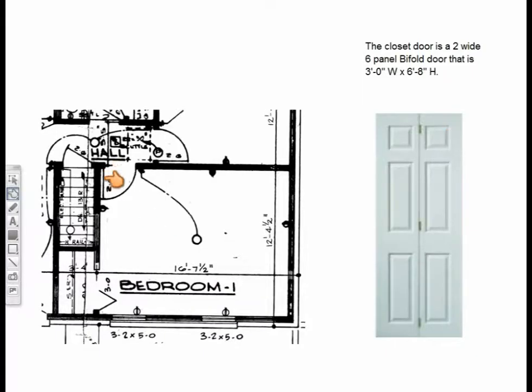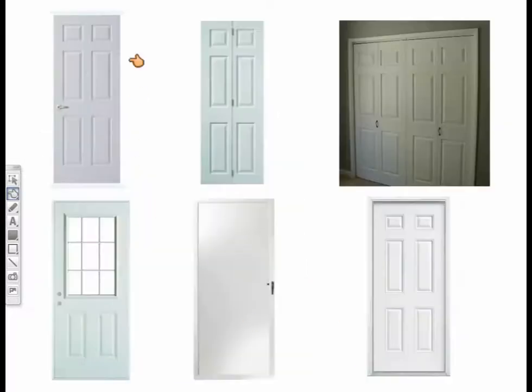The next door you will install in bedroom 1 will be an interior door here. This interior door is 2 feet 6 inches wide, and it is a 6-panel interior door. The 6-panel interior door looks like this.